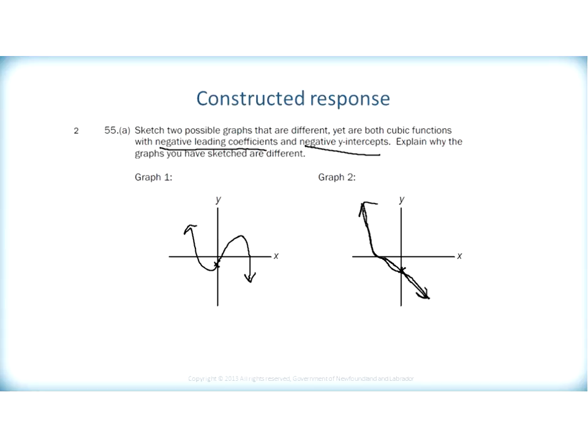Well, the first graph has 3 x-intercepts. The second graph has 1 x-intercept. This graph will have 2 turning points, whereas graph 2 has 0 turning points.